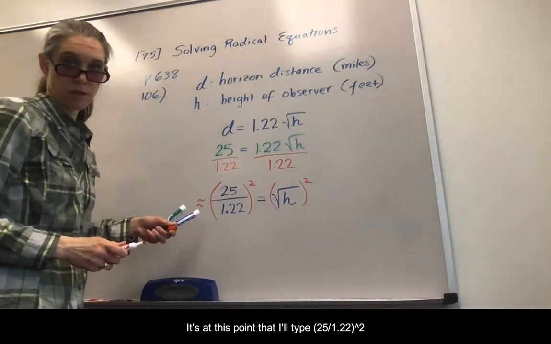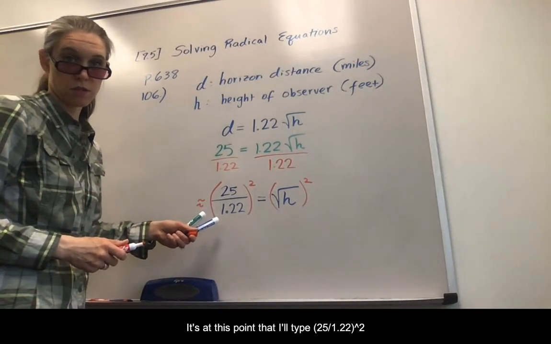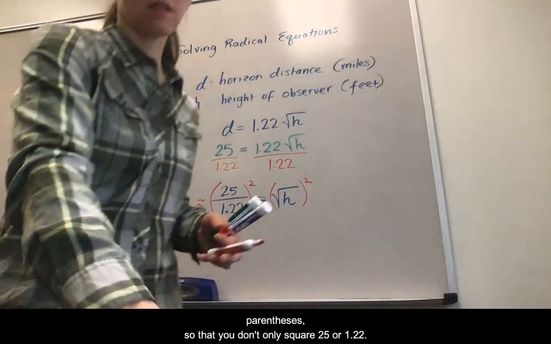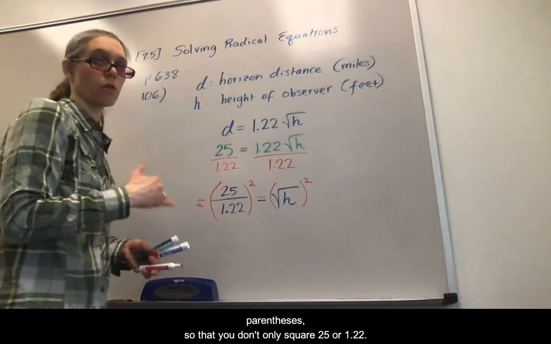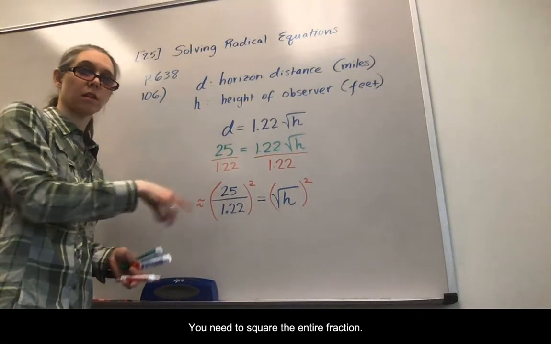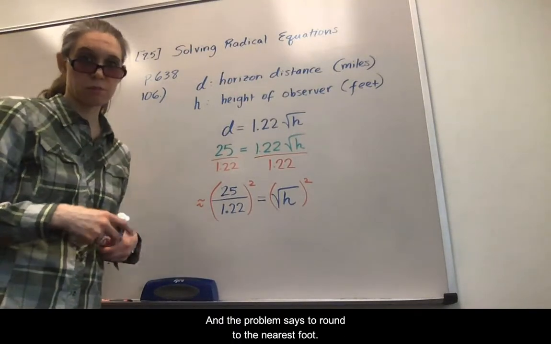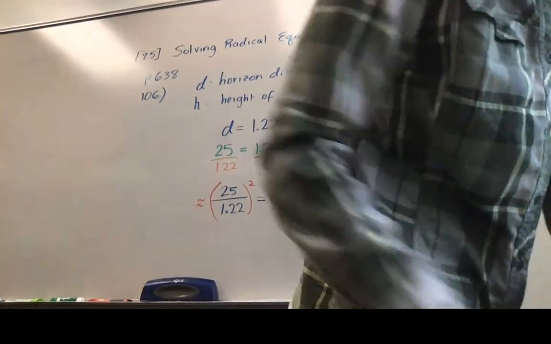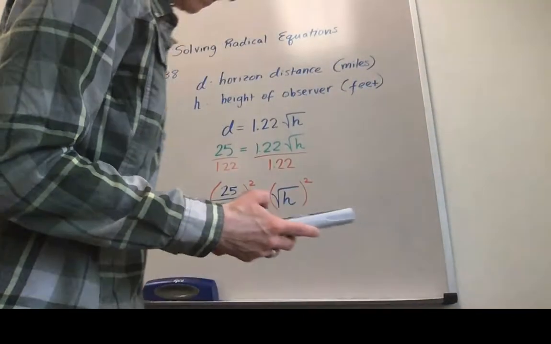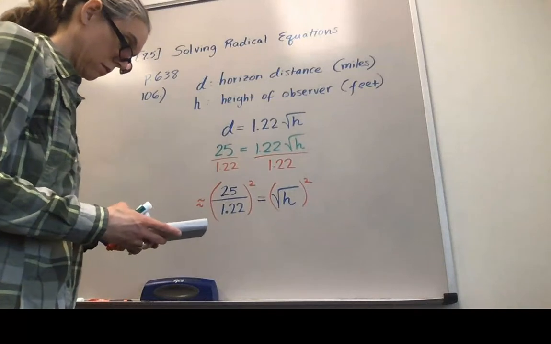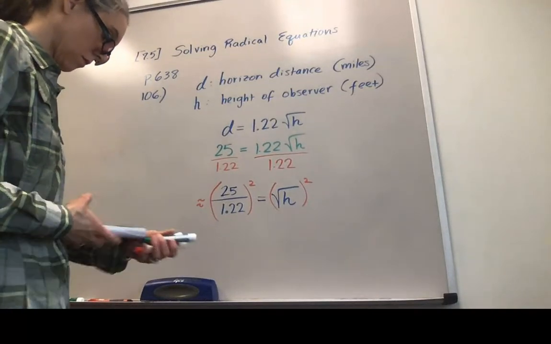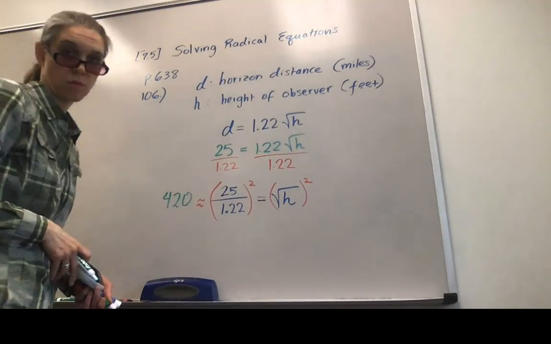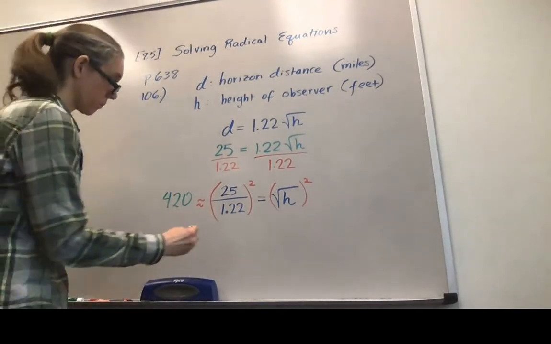It's at this point that I'll type 25 divided by 1.22 squared into the calculator. Make sure you use parentheses so that you don't only square 25 or 1.22. You need to square the entire fraction. And the problem says to round to the nearest foot. 420.